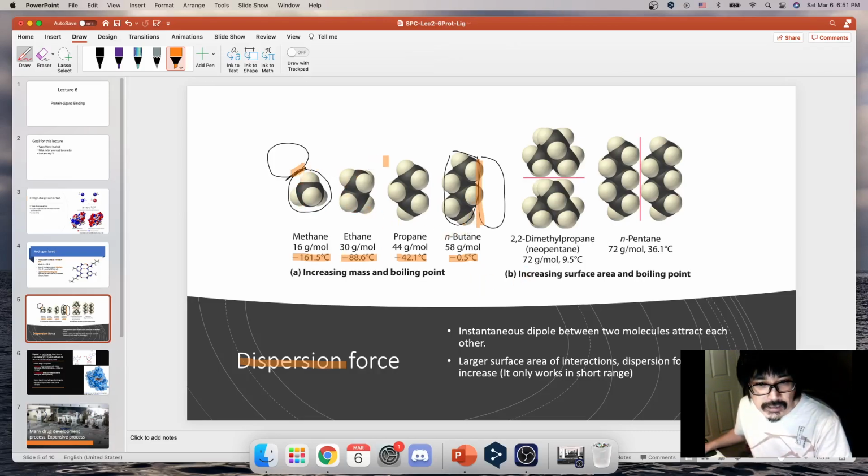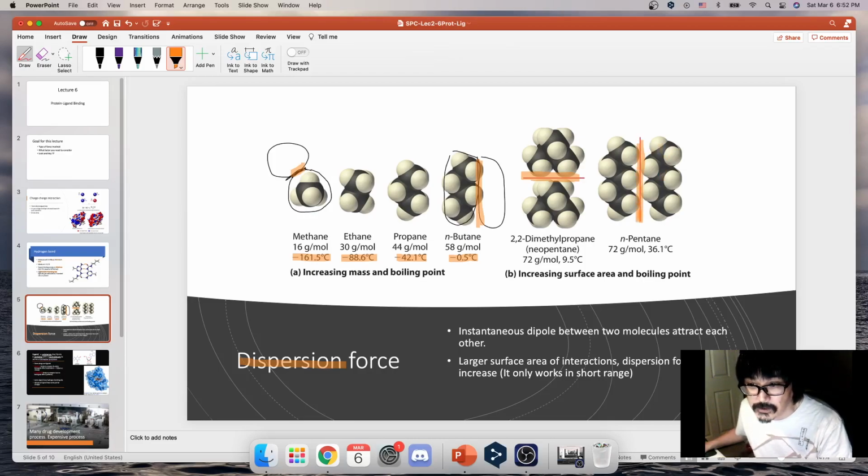And all of these actually have different masses. So you may think that if the mass is the same, then the dispersion force is probably the same. That's not really the case. If you have a different shape like this, for this molecule right here, the neopentane, the contact surface area is very small, but for n-pentane it's much bigger.